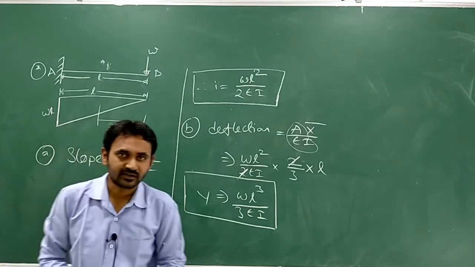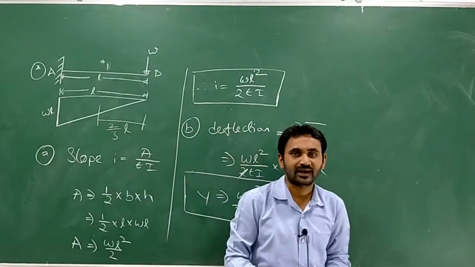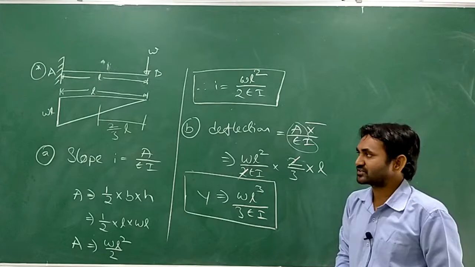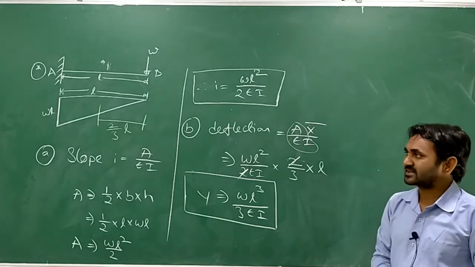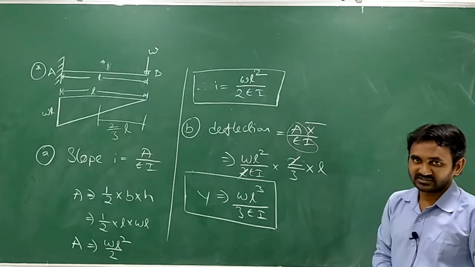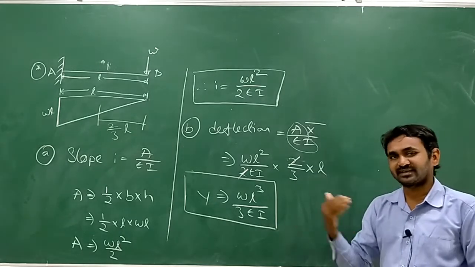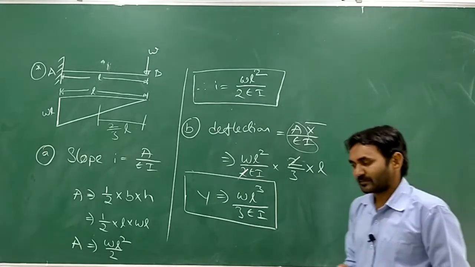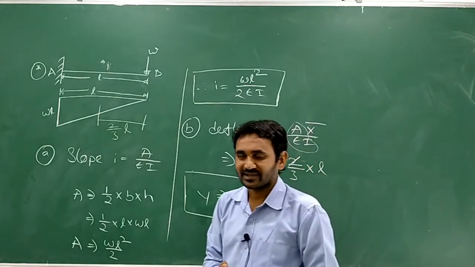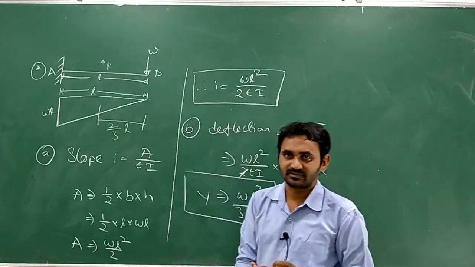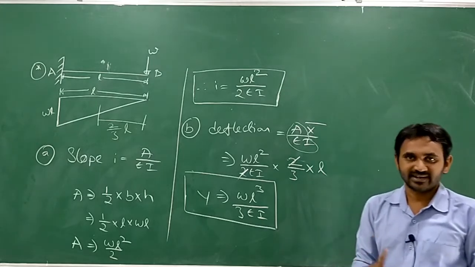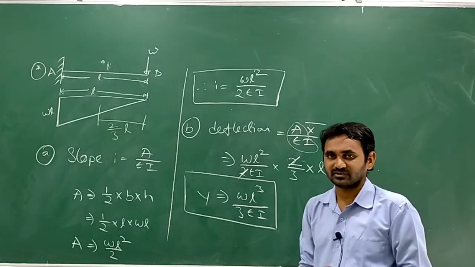This is the concept you have to calculate for any of the sections, and this is standard case number 1. Similarly, you have case 2, case 3, case 4, case 5, case 6. But coming to your problems, they will give a combination of these, 1 and 2 combination, 3 and 4 combination, or 5 and 6 combination.